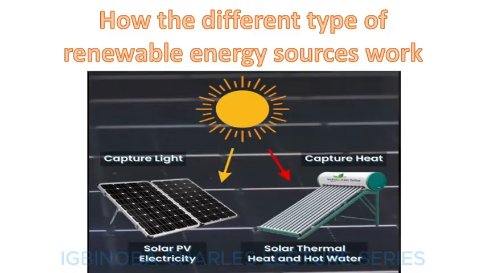It is commonly utilized to generate power both commercially and domestically. Like you can see, these are solar panels, used to capture the energy from the sun. This one also captures the heat generated.